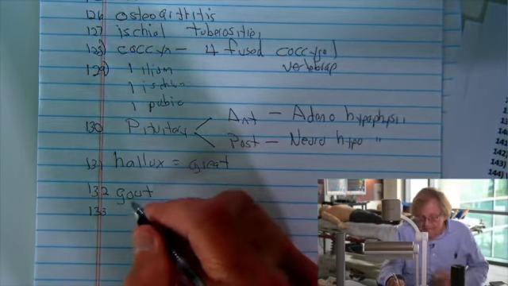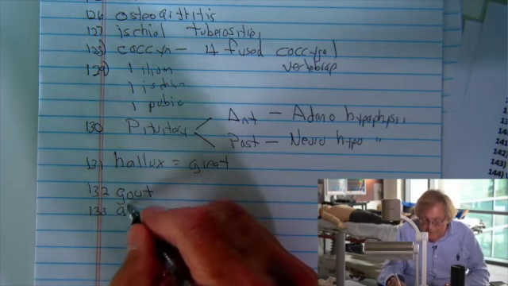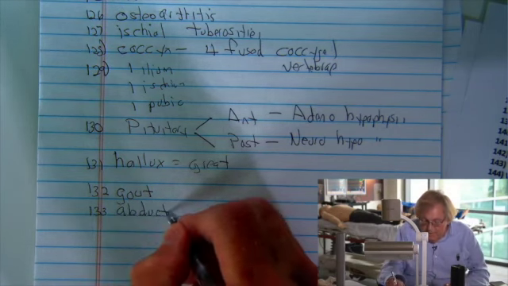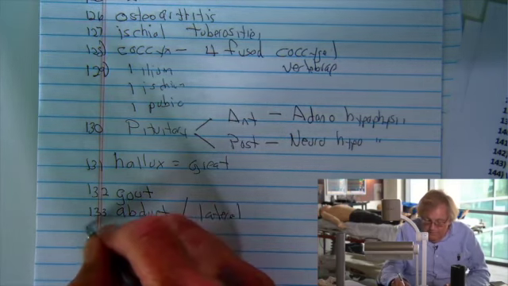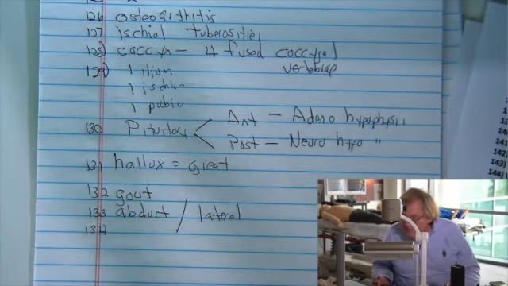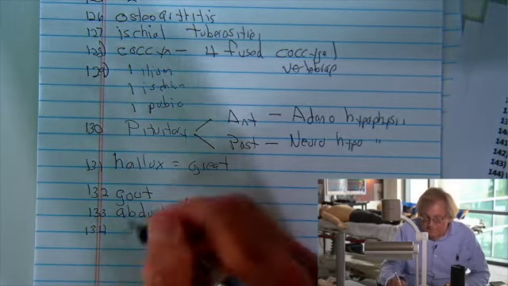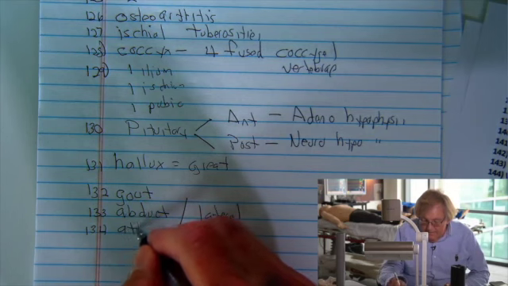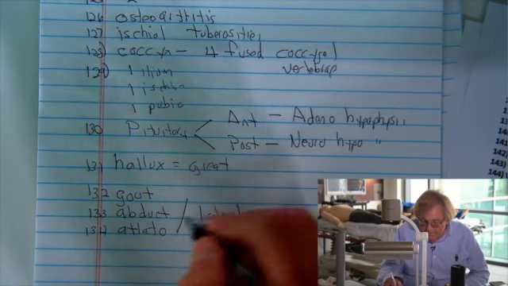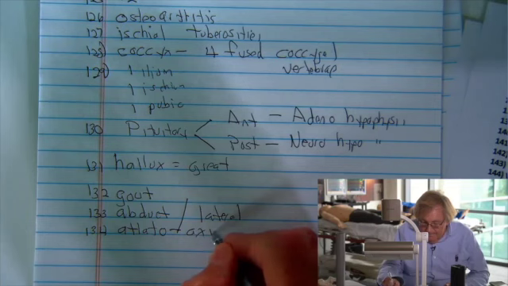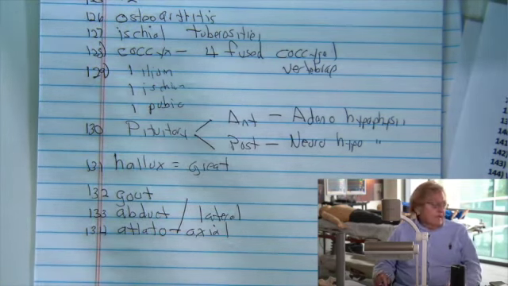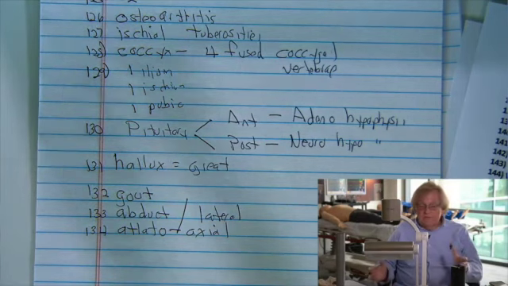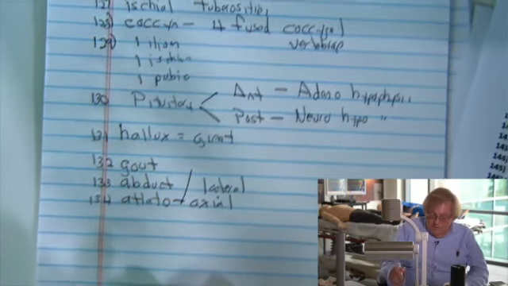Well, that's going to be abduction, which is away from the midline, or it could be lateral. 134 is the C1, C2 joint. We just talked about that. That's the atlantoaxial. That's the joint where the dens is going to allow me to rotate my head from side to side, using the dens as a process, also allowing for what's called a diarthrotic joint or fully movable.